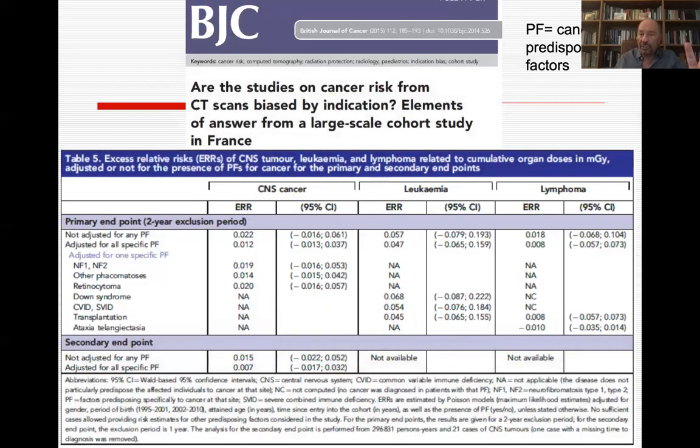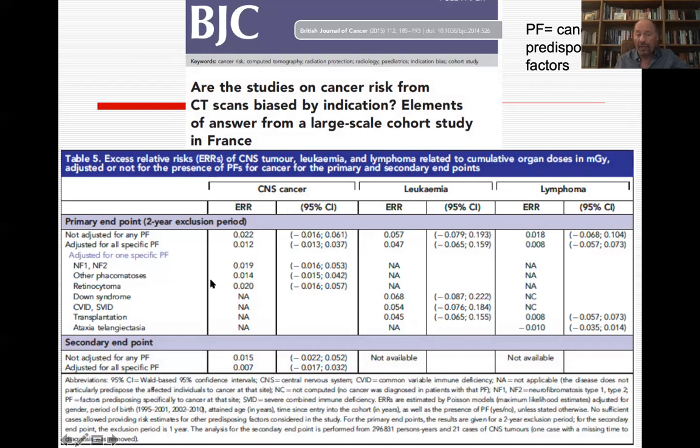There was a French study, and the French study also took a cohort of children with CT scans, and they looked at the excess relative risk for CNS brain tumors, leukemia, and lymphoma. This is the excess relative risk, and this is the 95% confidence interval. So it's interesting.